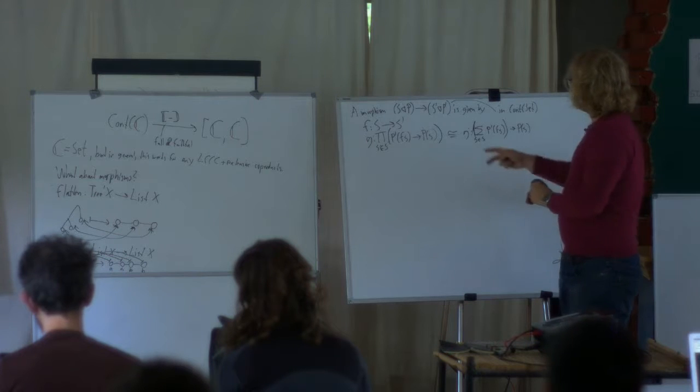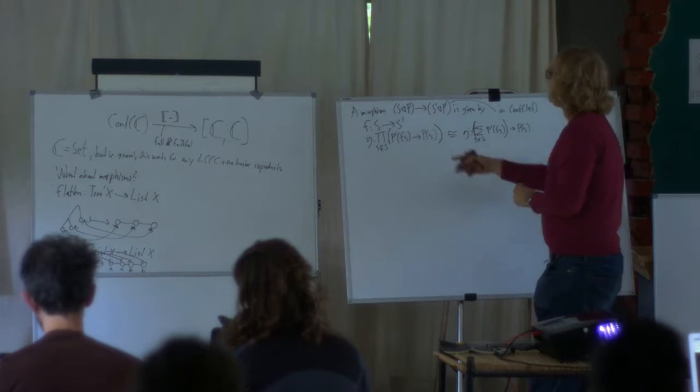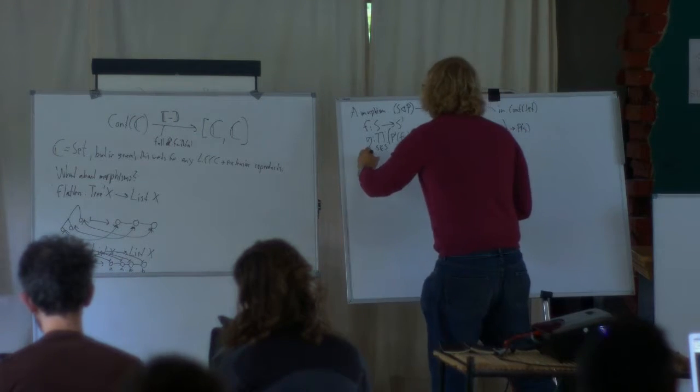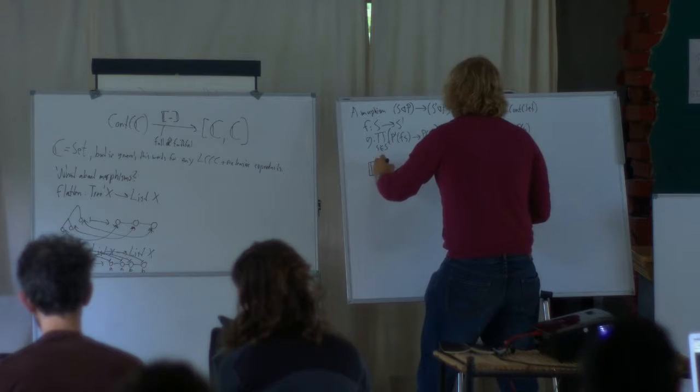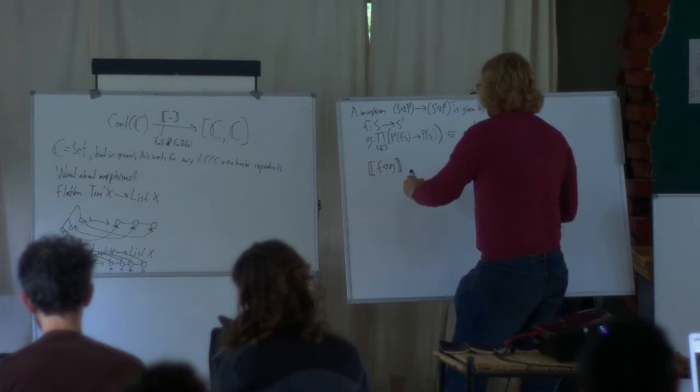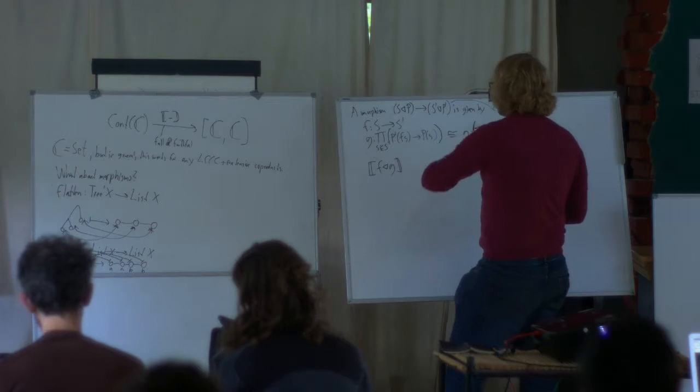Okay, so if we have a morphism, how do we map it over to a natural transformation over here? So I have to write this with a little triangle as well. So this should be a natural transformation between the two functors.